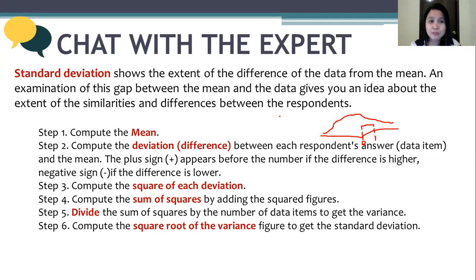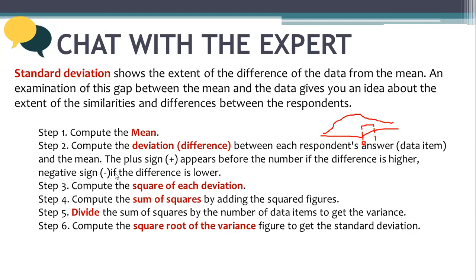Now, how to solve for the standard deviation? First, compute for the mean. Second, we need to have the difference, the deviation. The next one, we square the deviation. The fourth, we find the sum of the squares.